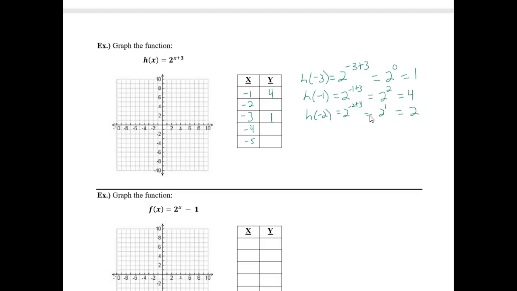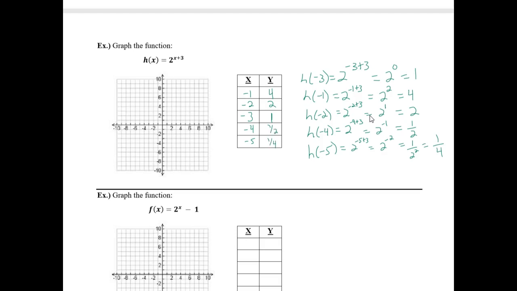And 2 to the first power is 2. Then I'm going to plug in -4. So -4 plus 3 would be -1. And we already know a negative exponent takes the reciprocal. So I get 1/2. And lastly, h of -5 equals 2 to the -5 plus 3, which is 2 to the -2. So I take the reciprocal, and then I have to square it. So 1/4.